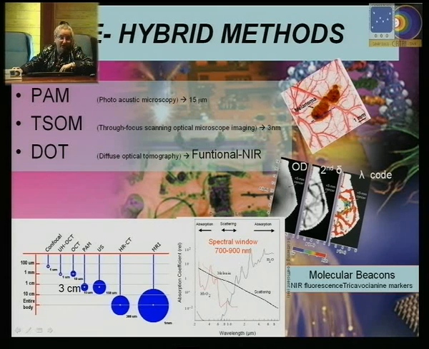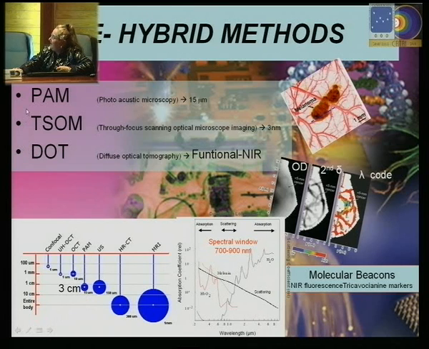Obviously, you can mark also the things with beacons. You can mark molecules which can be excited with the infrared in order that they go directly to the areas of interest, and then you do the DOT, the diffuse optical tomography, and then you see where those areas have been deposited.